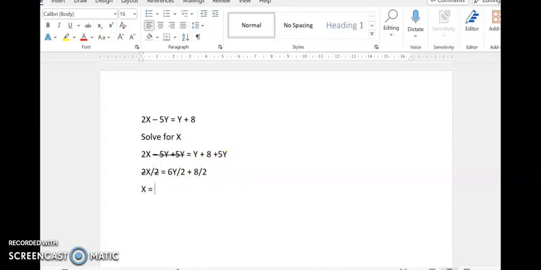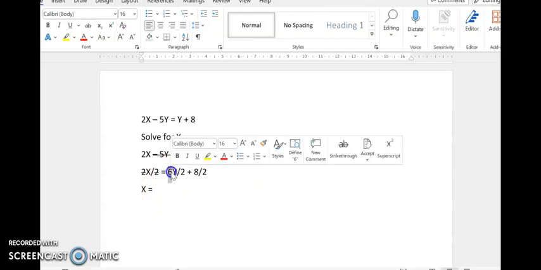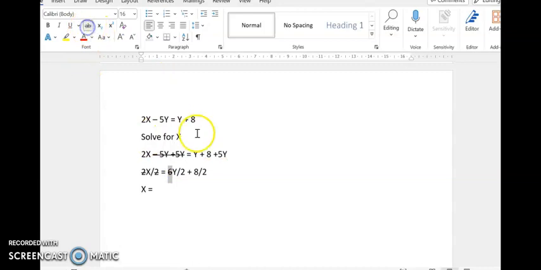And for this one here, 6y divided by 2. The 6, I'm going to cross that out with the 2. 6 divided by 2 leaves me 3. So that gives me 3y plus 8 divided by 2 is 4. So x equals 3y plus 4.